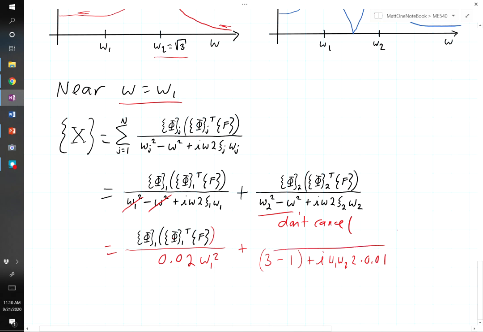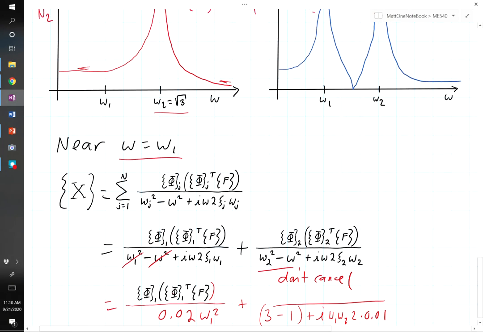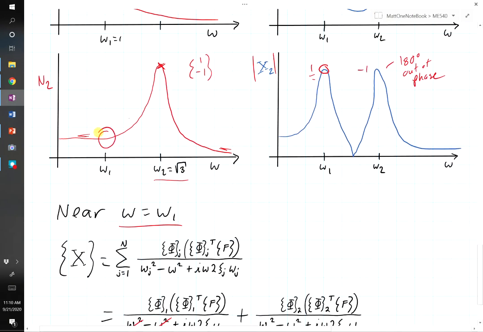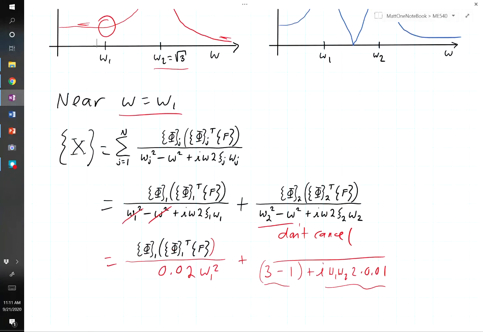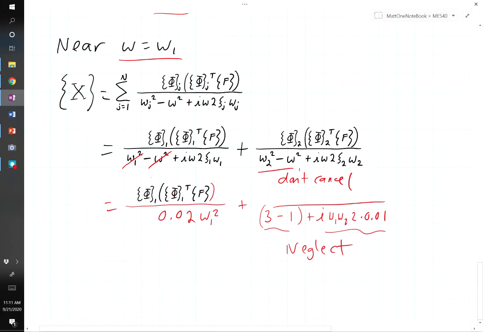So notice this term is small, but this term is still pretty big. So this mode doesn't have much response near the first natural frequency. So we can pretty much just neglect this term, and we can say that the response is almost entirely mode 1. It's almost like we have a 1 degree of freedom system.